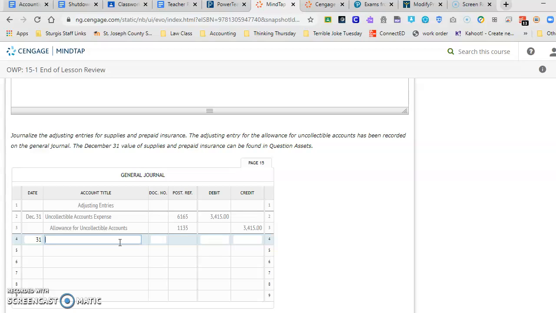Okay, so we are going to list our debits first, which in this case, office supplies. I gotta word it like it is. Let me look it up here.